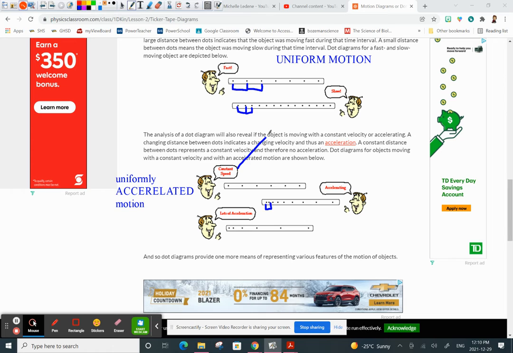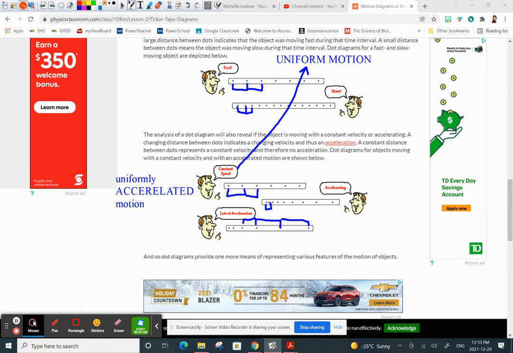Here, constant speed, this is uniform motion. There is an equal distance or displacement per time interval. We're not seeing that on this next ticker tape. Here we see uniformly accelerated motion, and more acceleration means there is more distance or displacement being covered per unit time.